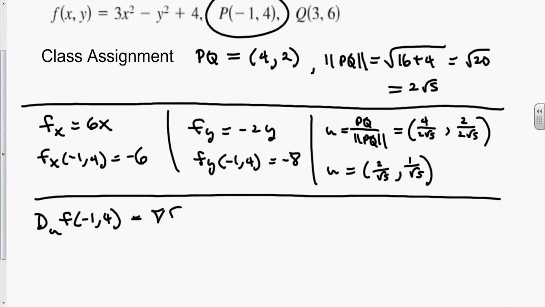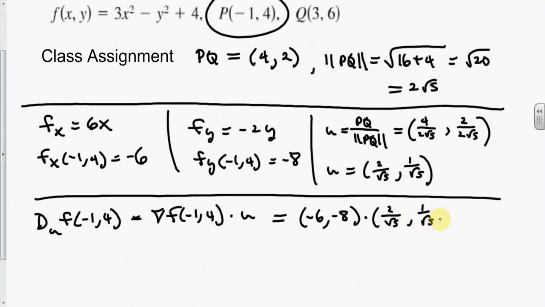So this is the gradient of f at the point negative 1, 4, dot product with u, and that gradient is negative 6 comma negative 8. Then u is 2 over the square root of 5 comma 1 over the square root of 5.